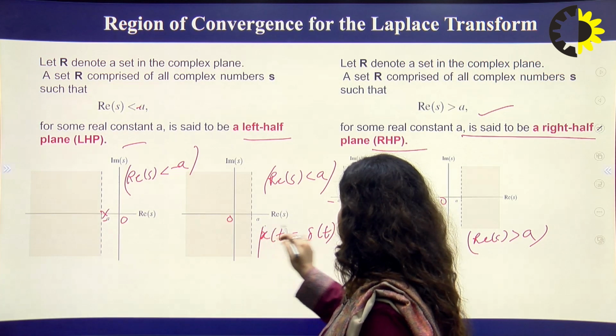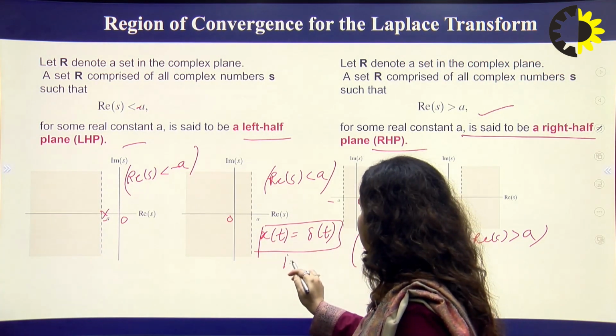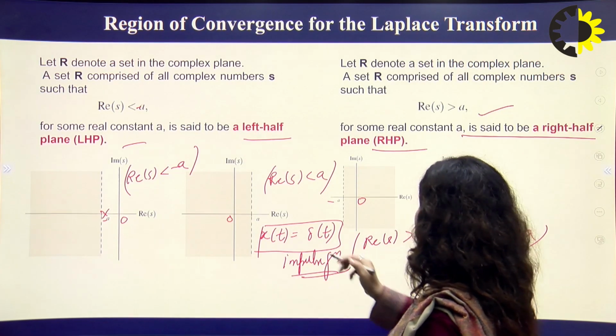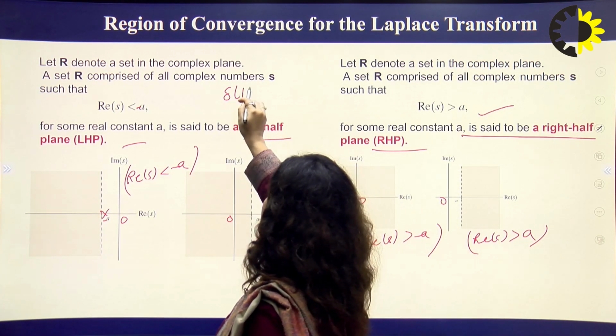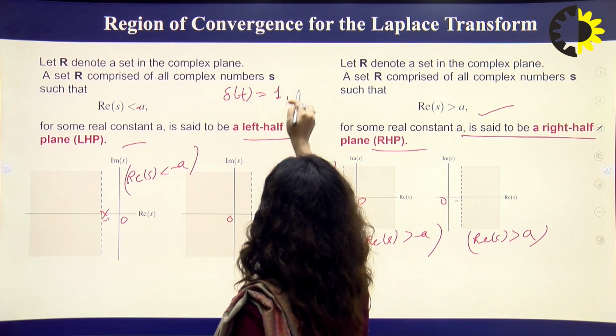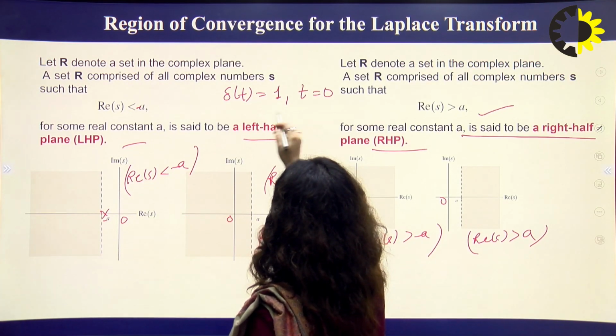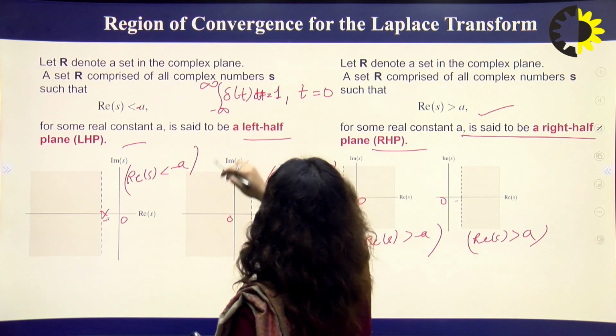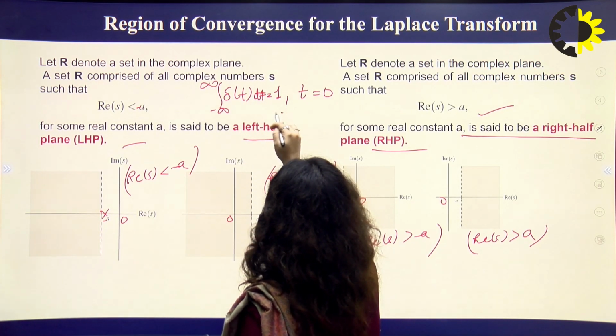So this is particularly an impulse function which we have discussed in the first lecture. So for the impulse function, delta(t) is equivalent to 1 for t equivalent to 0, or we have the integral from minus infinity to infinity of delta(t) dt, that is equivalent to 1 at t equivalent to 0, and elsewhere it is 0.